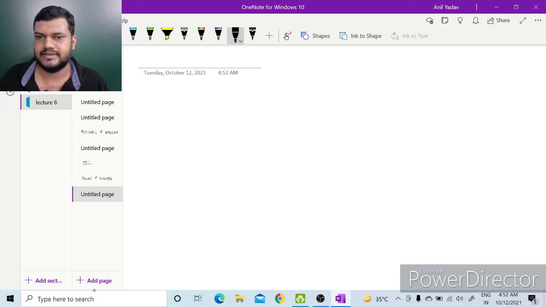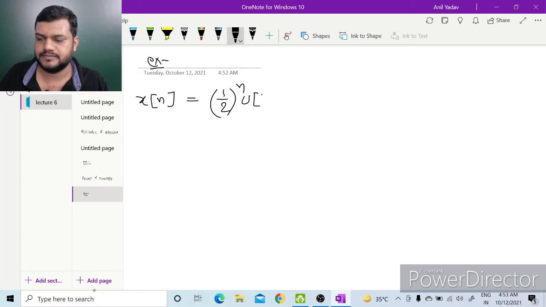So let us check with an example. Let us say x of n is (1 by 2) to the power n times u of n. So magnitude of x[n] whole square is 1 by 4 to the power n.